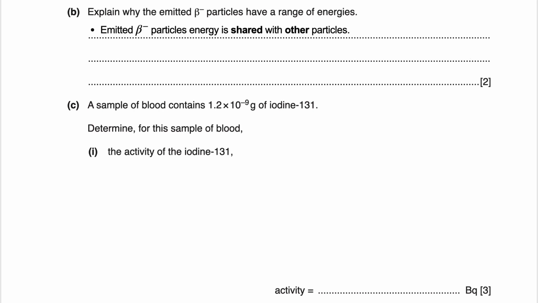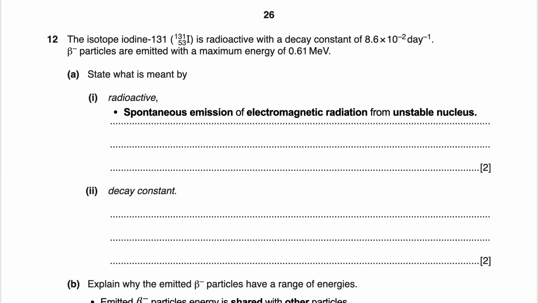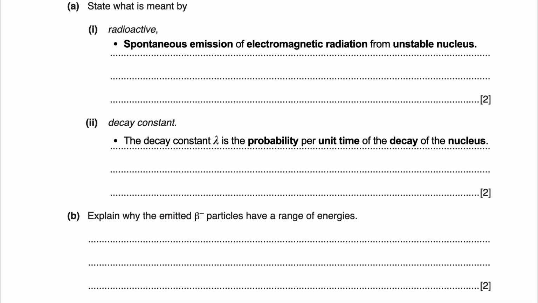We can refer to the initial value: lambda is 8.6 × 10⁻² per day. This day we have to convert into seconds. And we have energy 0.61 MeV. The remaining is there.